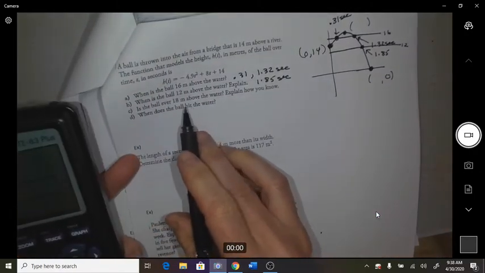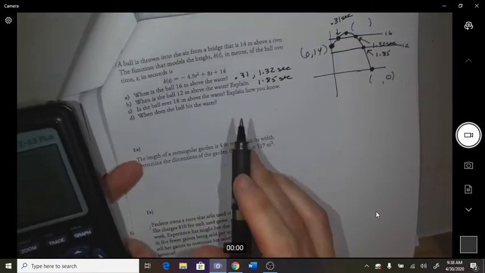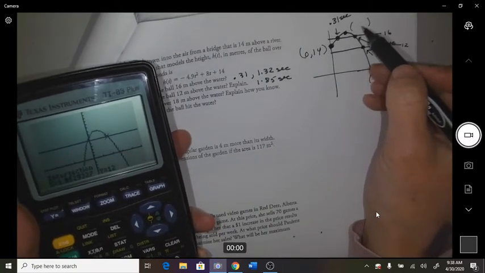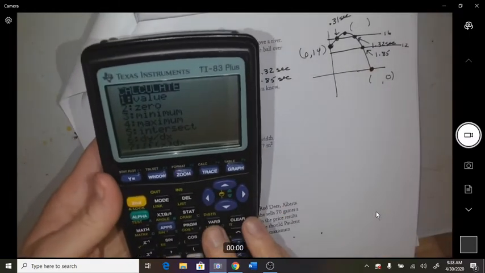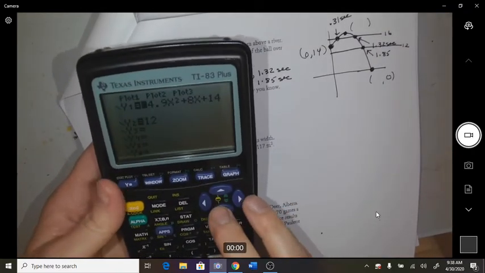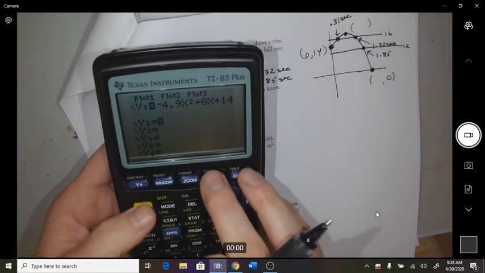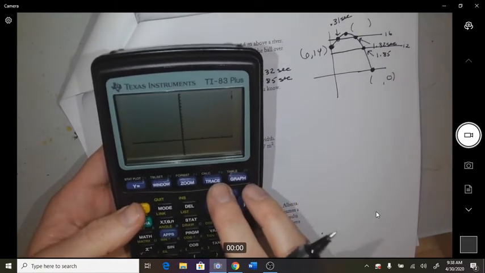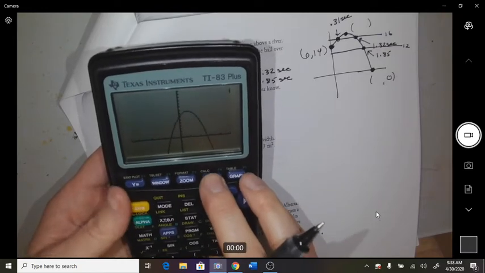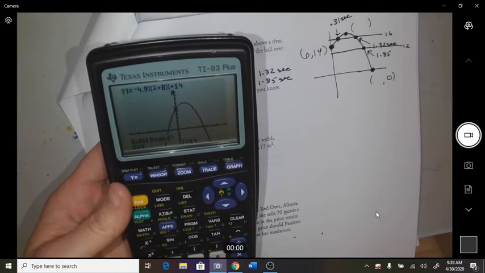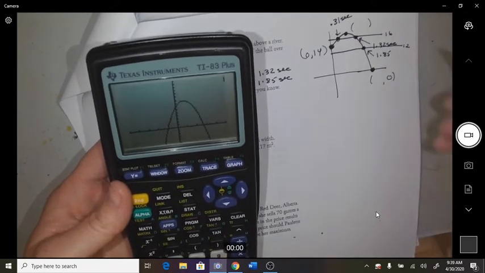Is the ball ever 18 meters above the water? Okay, so actually what we need to do is find this max now. I'm going to get rid of this. So graph, second calculate, your max, left bound, right bound.